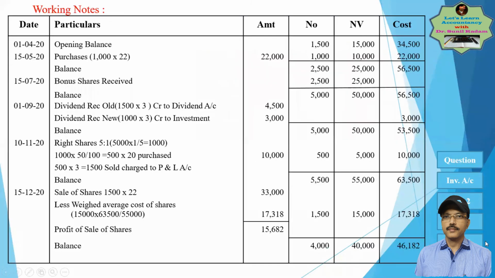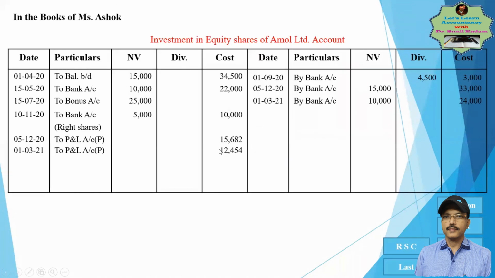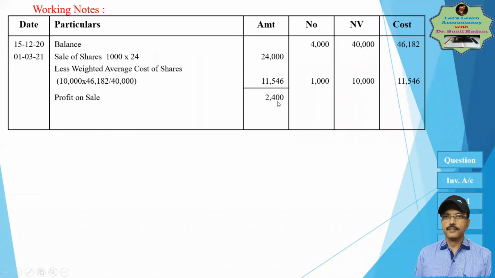So in the working note, I have to correct it. It's not 2,400. That's what we have recorded here. 12,454 is the answer here.